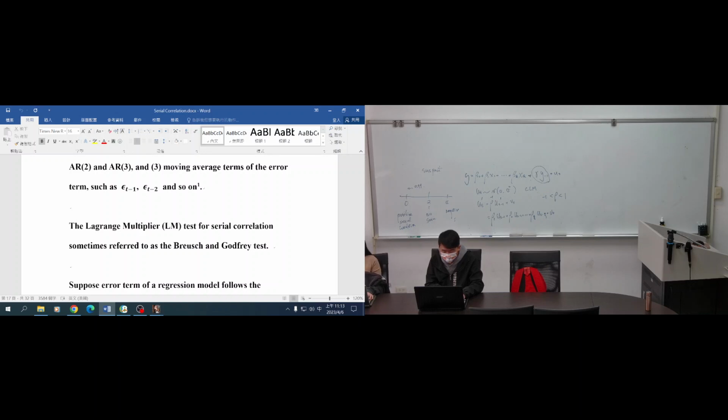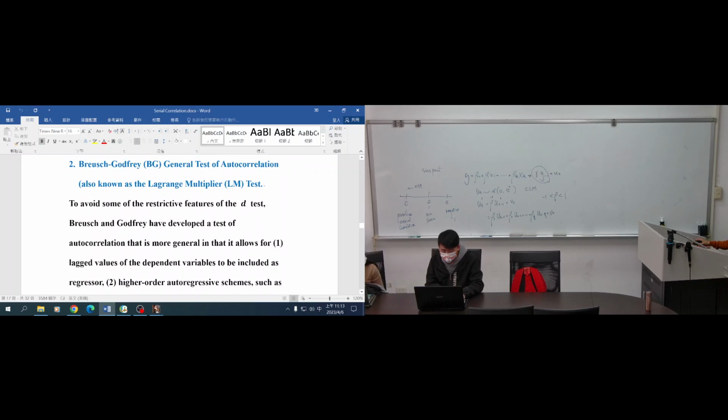Let's turn to another alternative to the Durbin-Watson test, which is called the Lagrange multiplier test. This test will relax some of the restrictive features of the d-test.